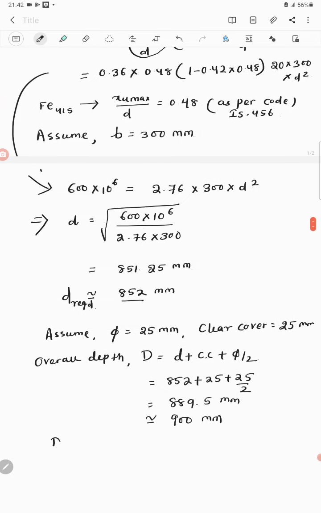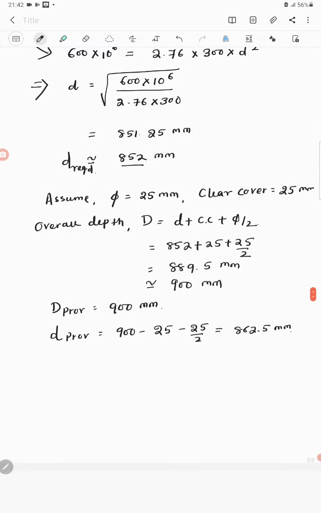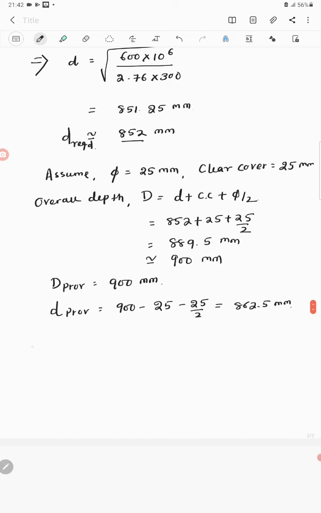Okay, so D provided is 900 mm. What will be small d provided now? It will change a little bit. 900 minus clear cover minus diameter of the bar by 2. This is 862.5 mm. Okay. Now we will calculate the area of steel.